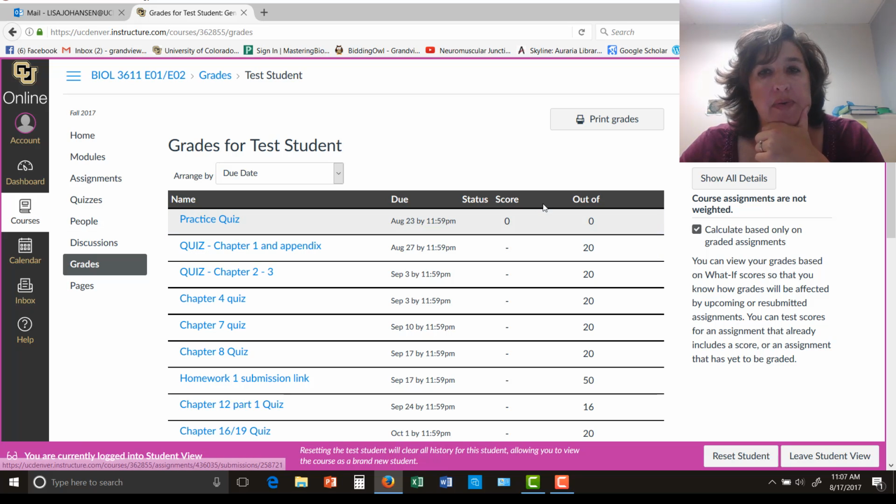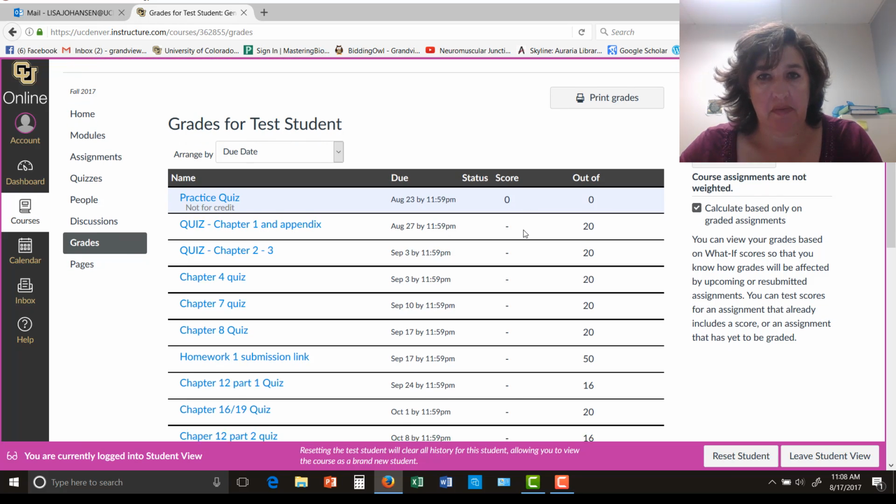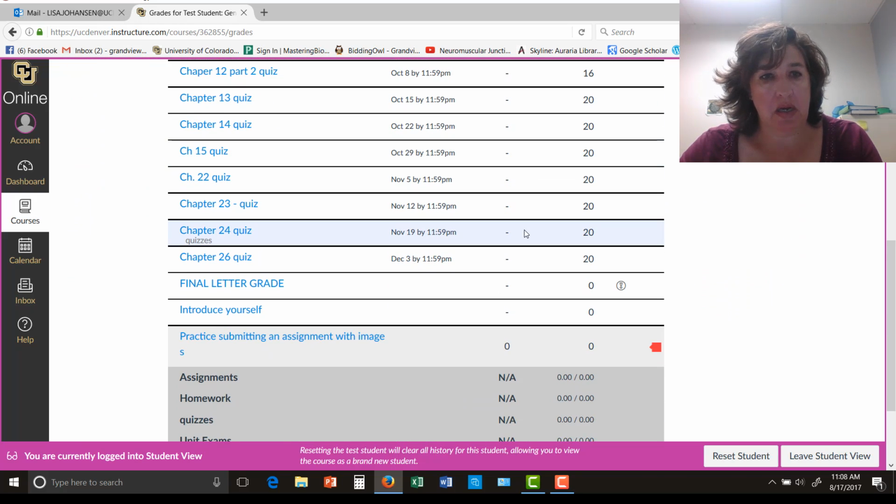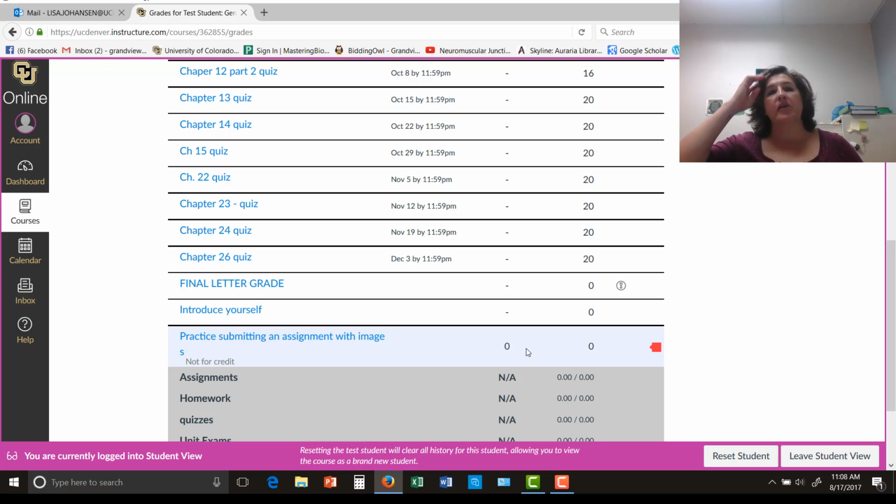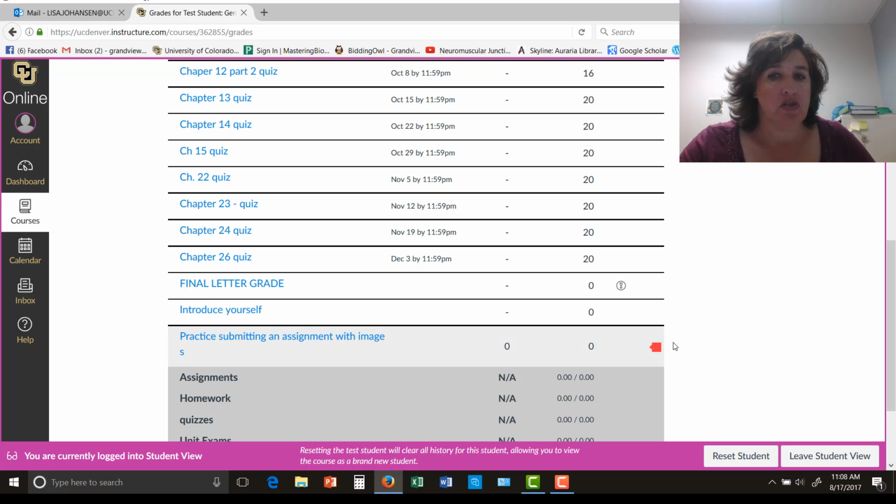When you click on your grades, especially for this practice quiz, when I've taken a look at it, I give you a score of 0. You need to practice submitting an assignment with an image, and there's detailed information in this assignment I'll show you in a minute. And what I want you to make sure you see is some kind of flag over here.